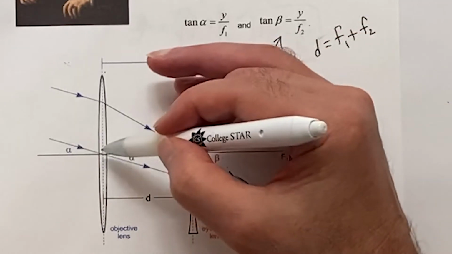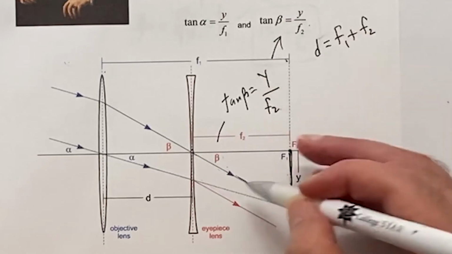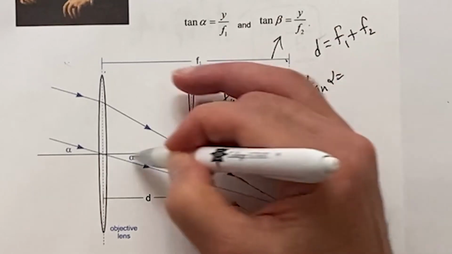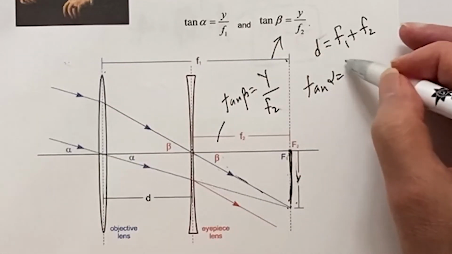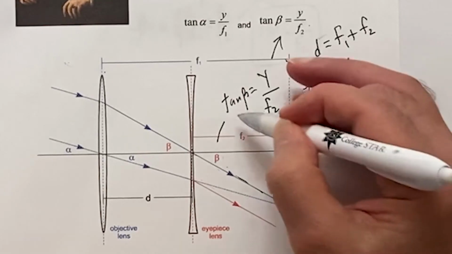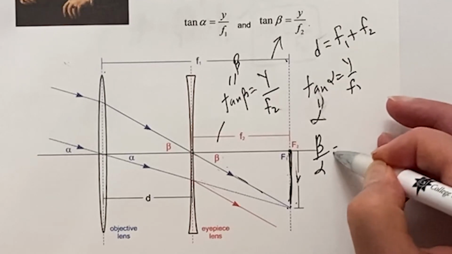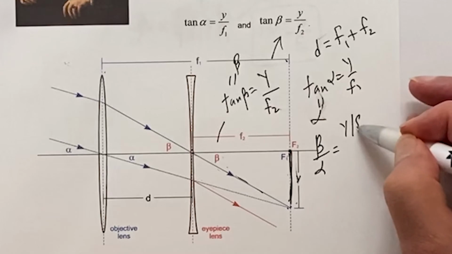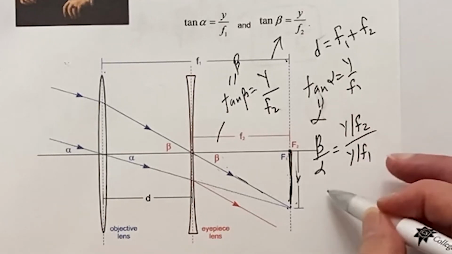And if I look at the alpha, tangent of alpha is y over F1, because this is a big triangle here. And if I do the same approximation, when you take beta over alpha, beta is y over F2, and alpha is y over F1.